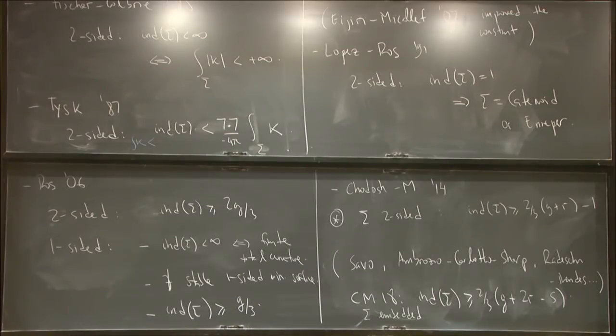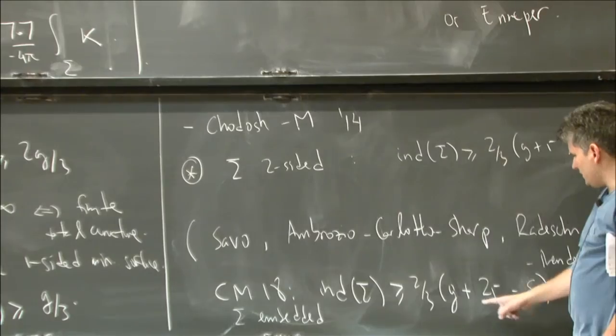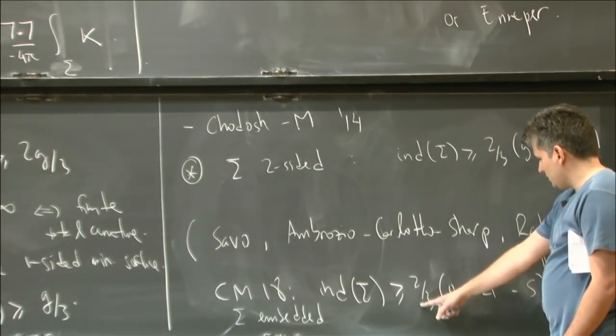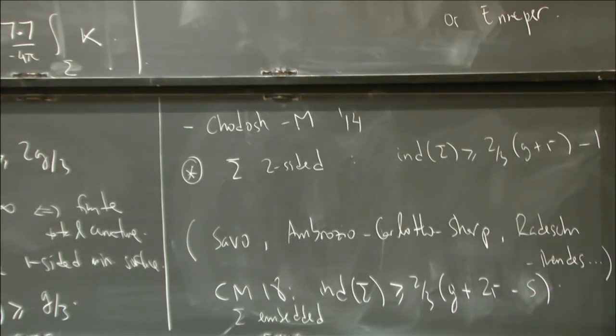This was surprising to us because the contribution from the number of ends here is linear, but with a coefficient bigger than 1. This is sort of like a residue from the method.